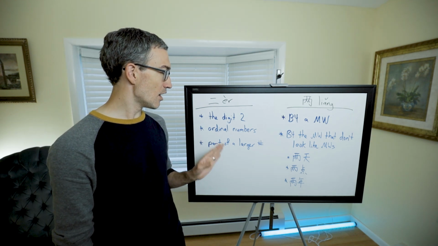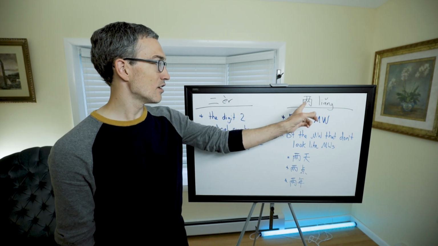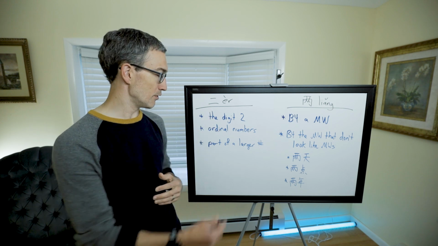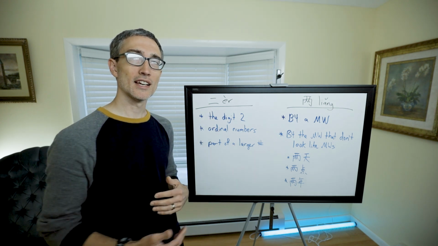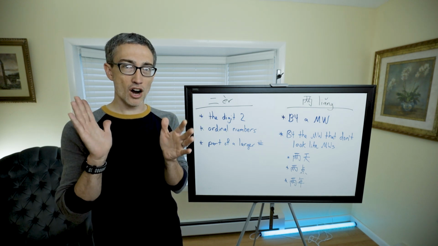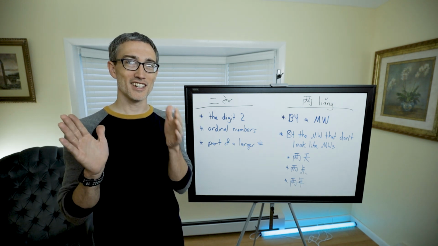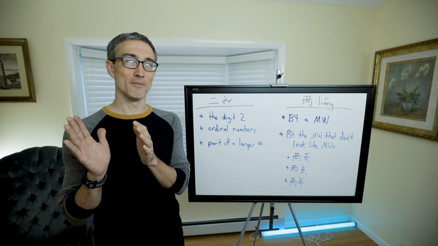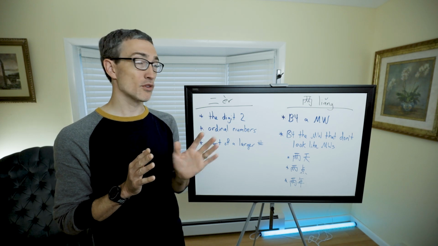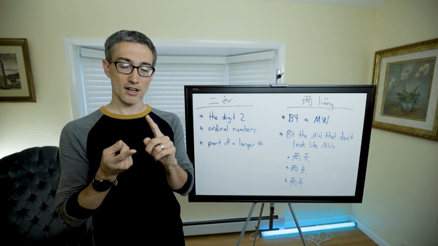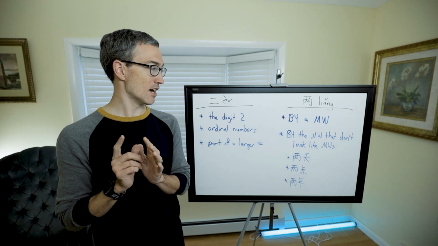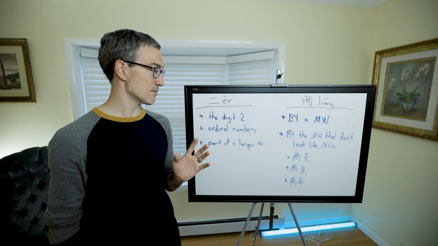I also wanted to point out that liǎng can only be used when you're actually talking about 2, not when the 2 is part of a bigger number. Like the number 22, it's always 二十二. It's never liǎng. However, with some larger numbers like 100, 1,000, liǎng can sometimes be used, so that's a little exception to what I'm saying.